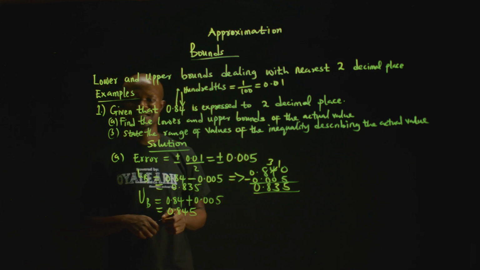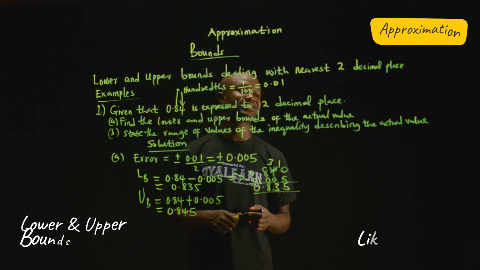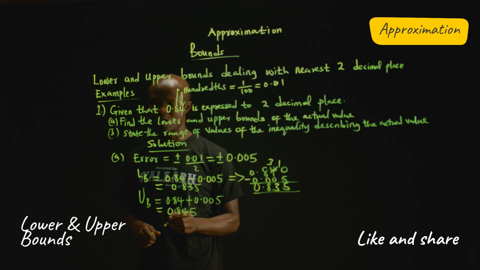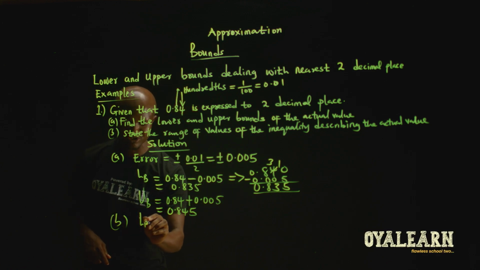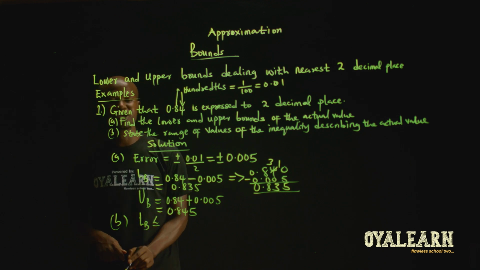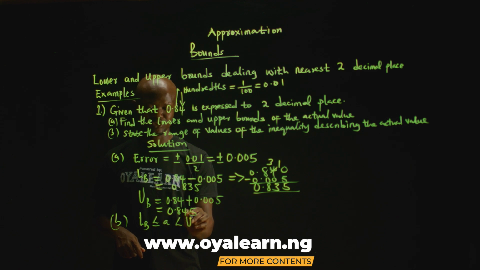So for the second part, state the range of values of the inequality describing the actual value. So what would that be? We know that for the range of values, that's LB less than or equal to A less than UB.